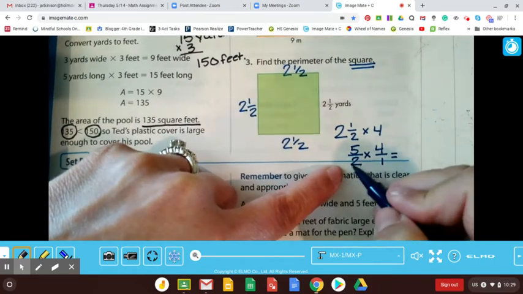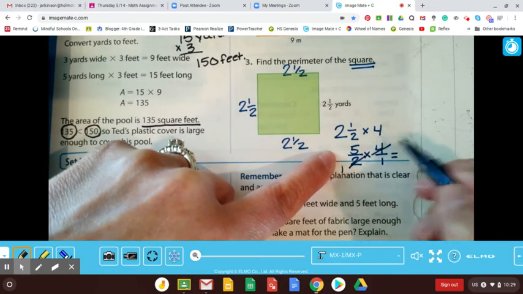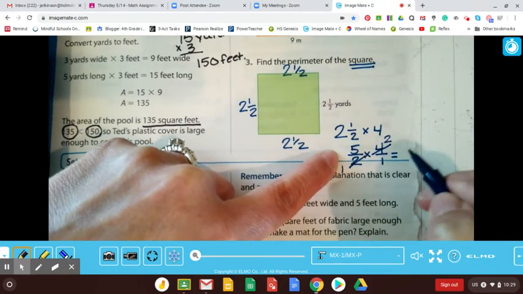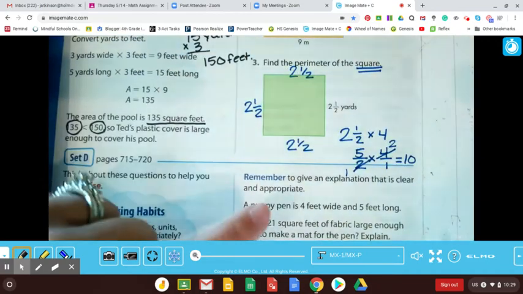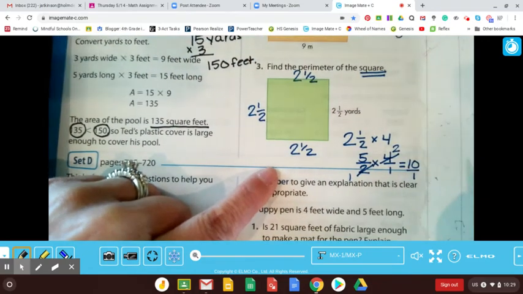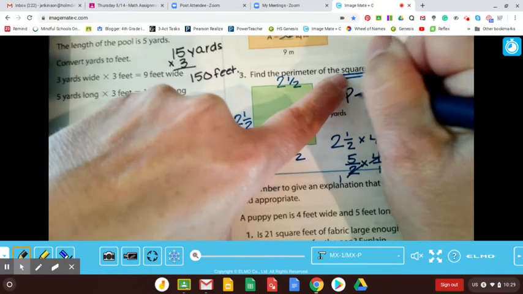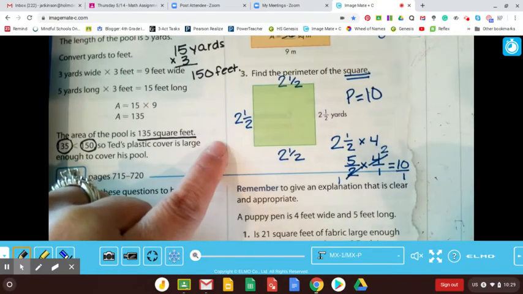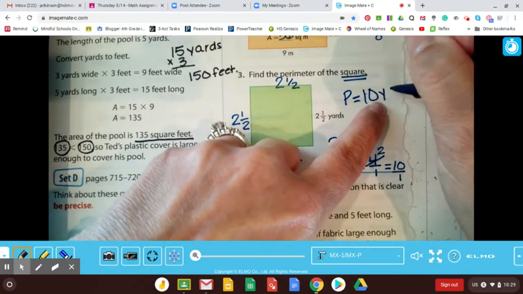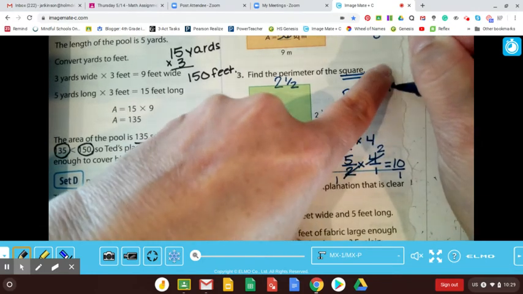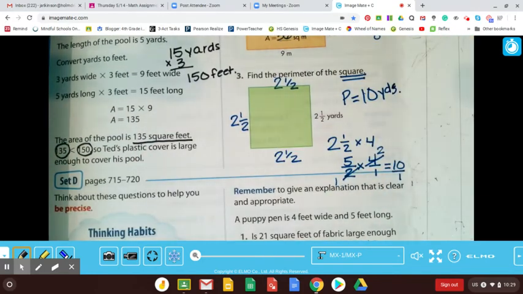I could cross cancel. 5 times 2 is 10, right? 10 over 1, which really would be 10. So the perimeter would equal 10 what? 10 yards. And it wouldn't be squared because we're not doing area. The perimeter is the outside.